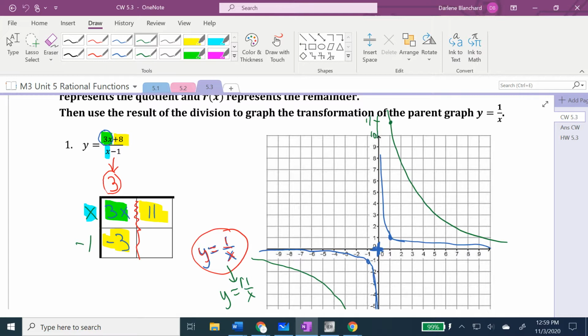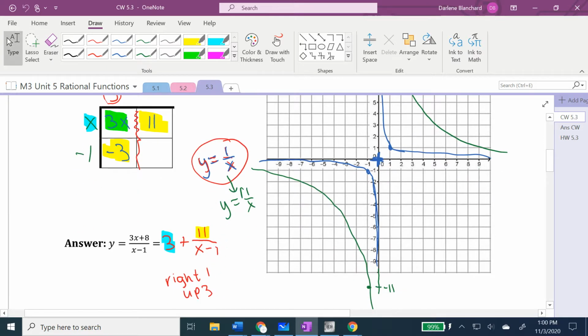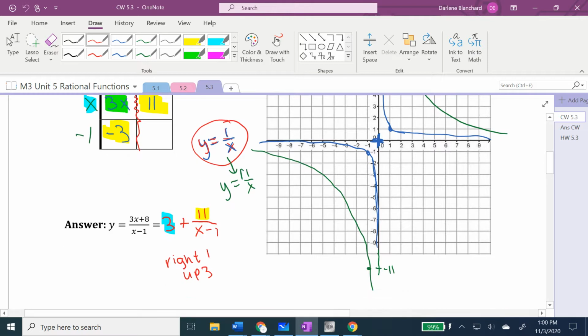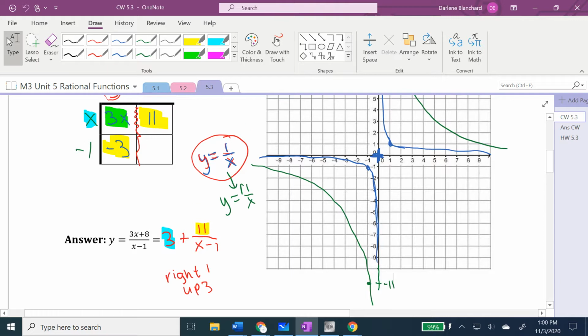Now, after that is done, we can then move this graph right 1, up 3. So if I take this particular point down here at negative 11, and I move it right 1, up 3, 1, 2, 3.